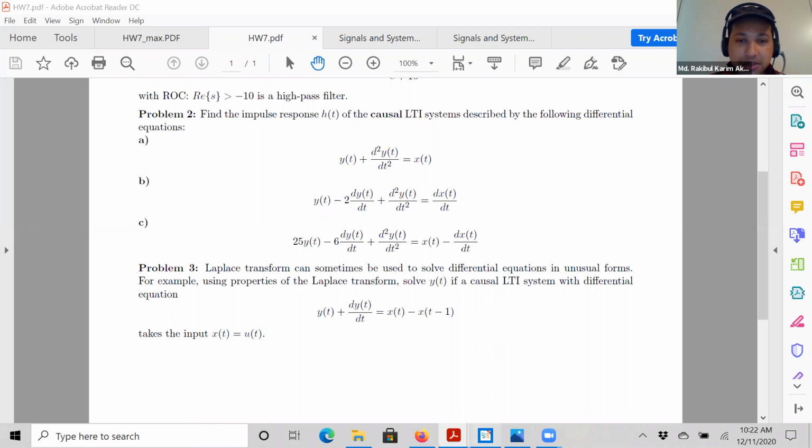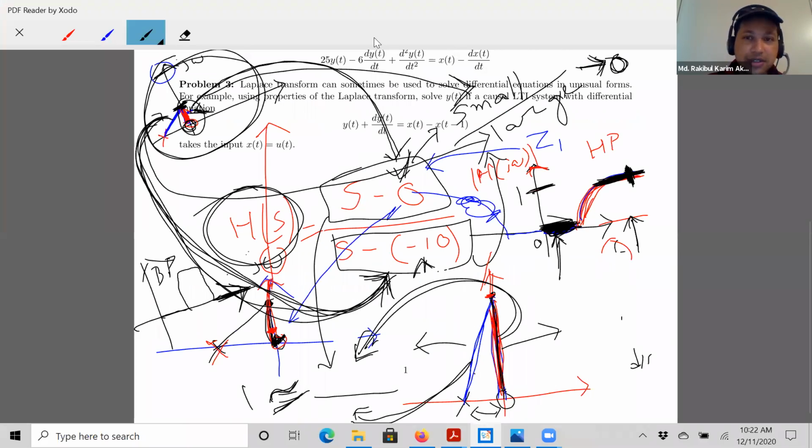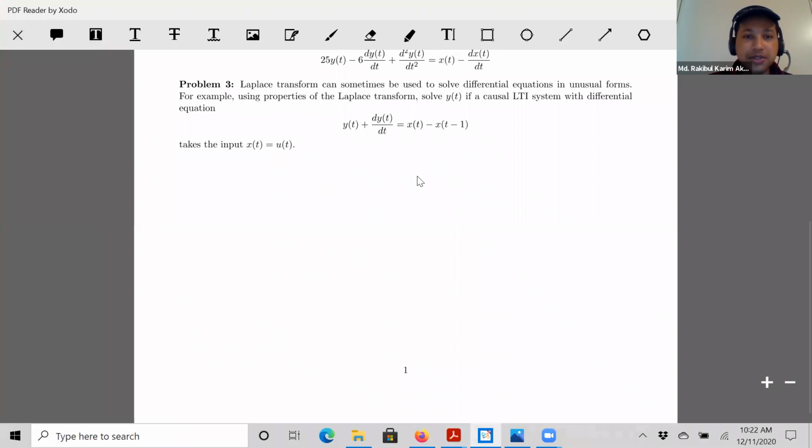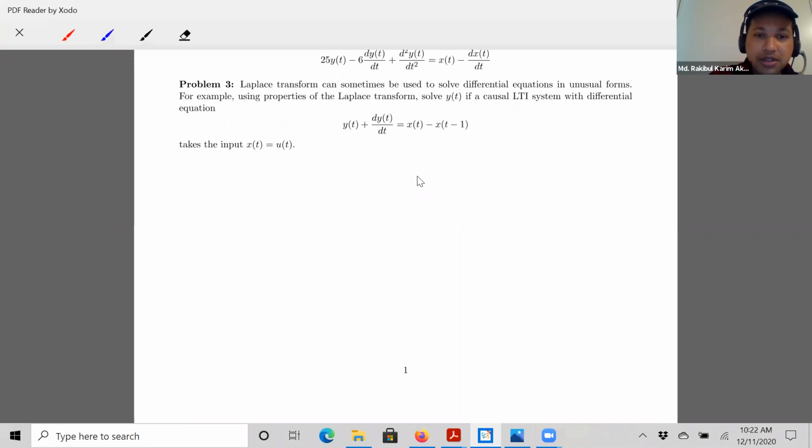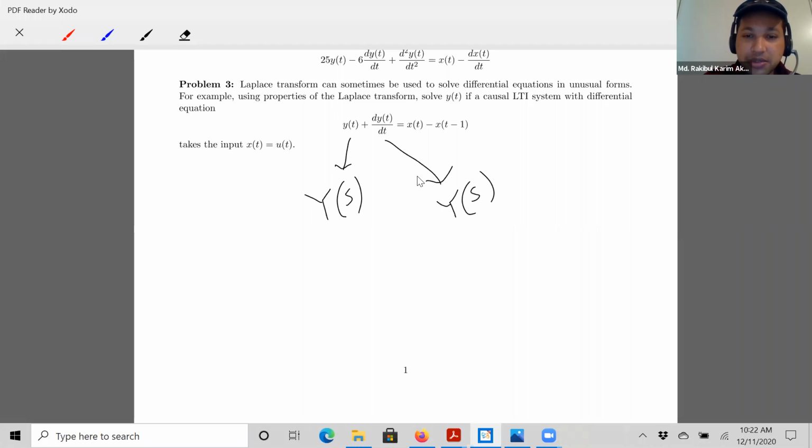So for a plain y, it becomes Y(s), but for the first derivative, you write sY(s).